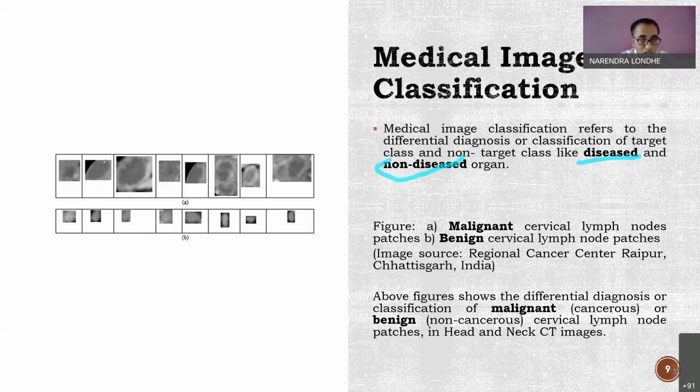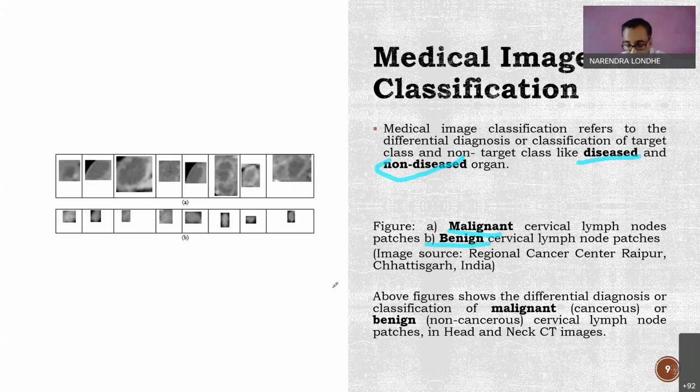So what we have done, when we segmented those images, corresponding to that segmented part, we just take out the square and rectangular parts for those segmented lymph nodes. These are nothing but the lymph nodes that are given to the classification process, and from that we find out that the lymph nodes in this row A are malignant, while the lymph nodes in this row B are benign, right?